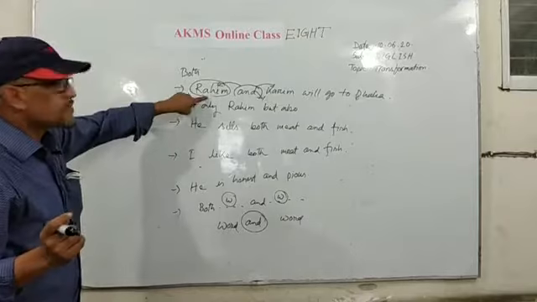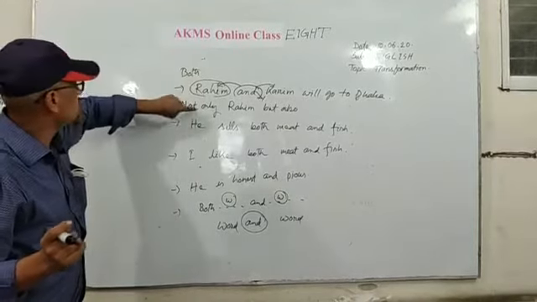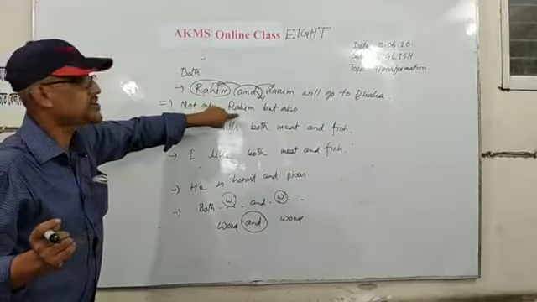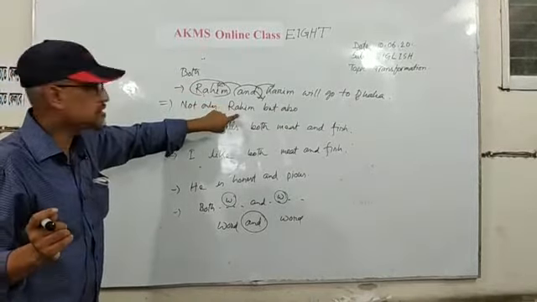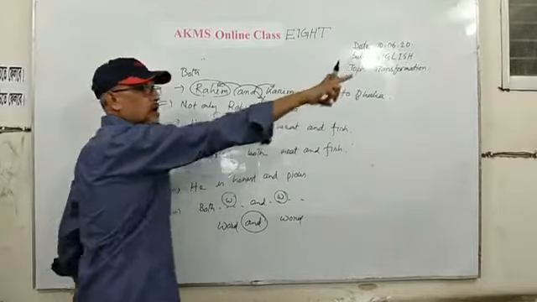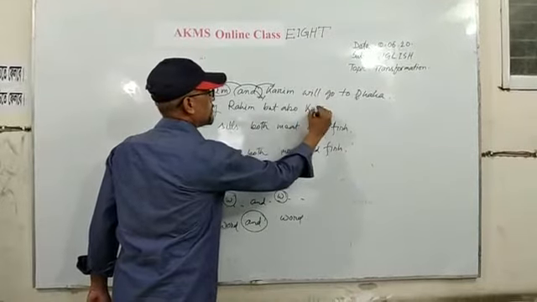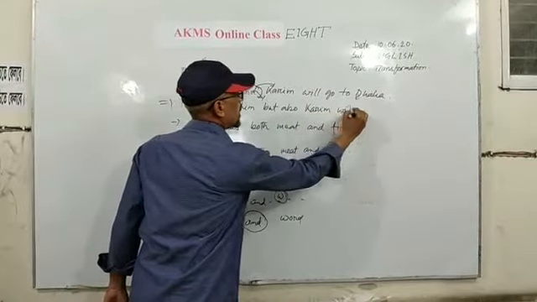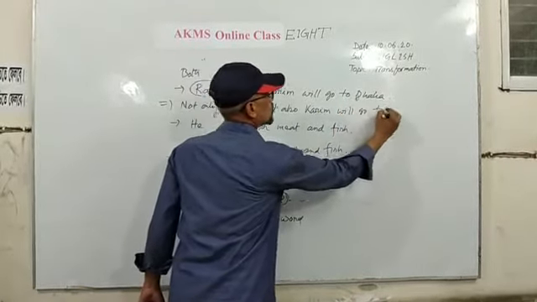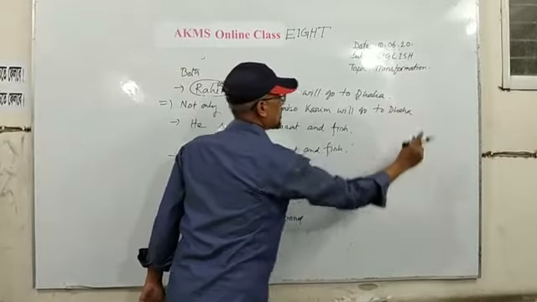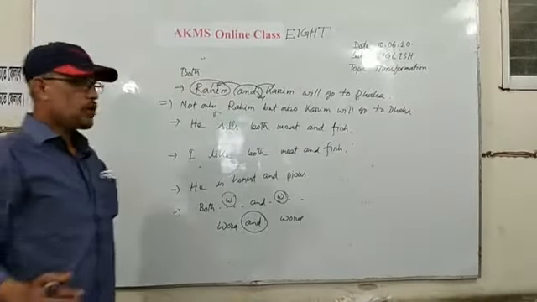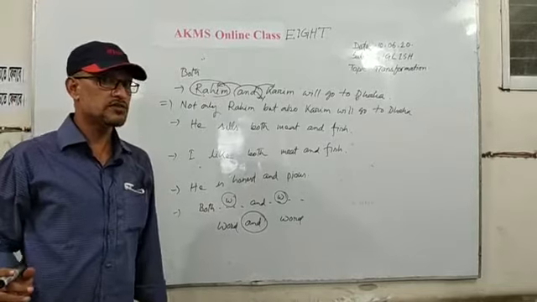Okay? I have used not only before the first word, then I have written the word. At the place of and, I have used but also. Then you should write the rest of the sentence. But also Karim will go to Dhaka. Then what have I done, dear students?